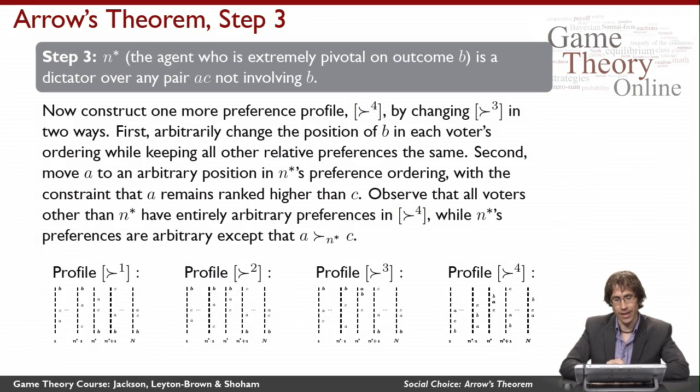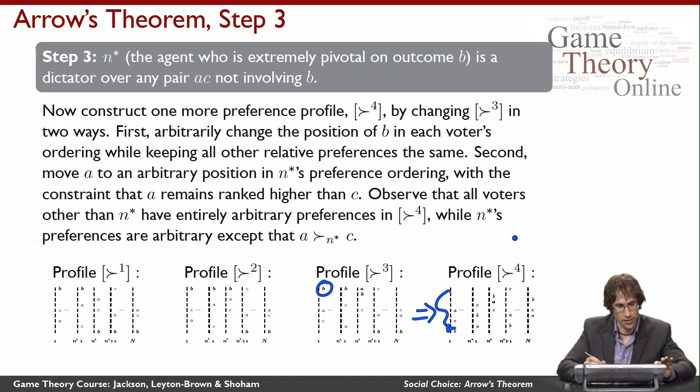First of all, let's arbitrarily change the position of B in every voter's ordering while keeping all of the other relative preferences the same. So we're going from pref 3 to pref 4 by taking B and just sticking it somewhere else. But we're not going to move around any of the other relative preference orderings.